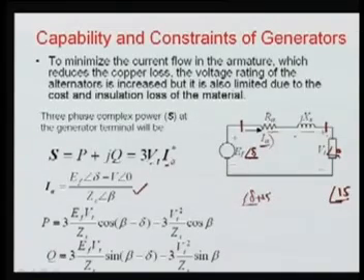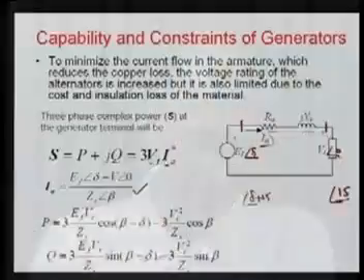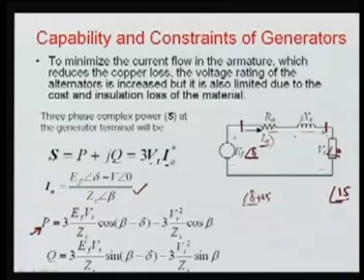If you put this value here and take the real and imaginary components separately, then we can see the real power at this terminal, P, will be nothing but 3 times EF Vt upon Zs cos(beta minus delta). Here beta is the angle of the impedance, means if this is your R and this is your XS, this angle is your beta.